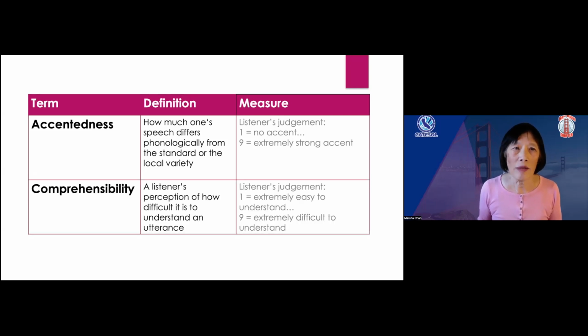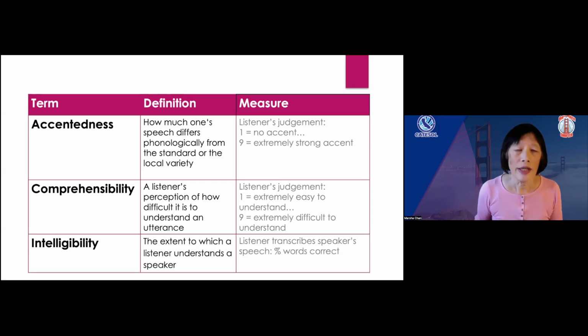Now, when we talk about comprehensibility, we're talking about the listener's perception of how difficult it is to understand somebody's speech, their utterance. Again, a listener's judgment could be 1, oh, you're extremely easy to understand, and 9 would be extremely difficult to understand. Intelligibility is the extent to which a listener understands a speaker.